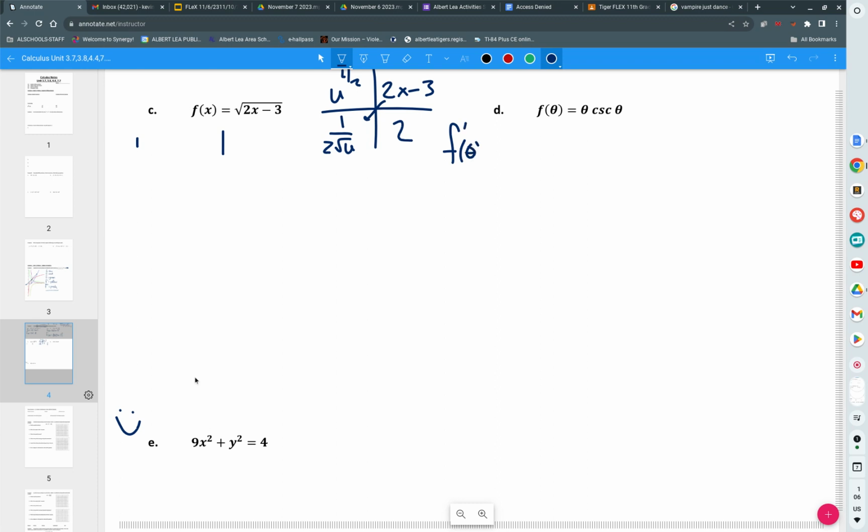F prime of theta is equal to, and this is F, and this is G. So I have F prime G plus G prime F, which will be cosecant of theta times... The derivative of cosecant of theta is negative cosecant of theta cotangent of theta, correct? So when you multiply those together, I'm going to get a minus theta cosecant of theta cotangent of theta. And that's my first derivative.